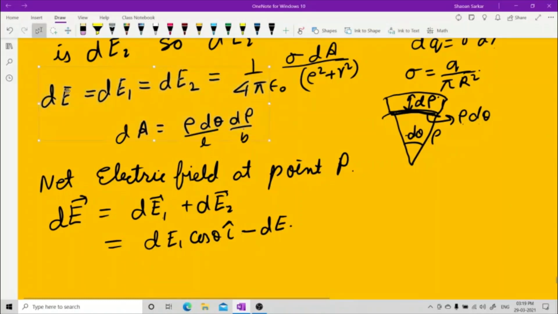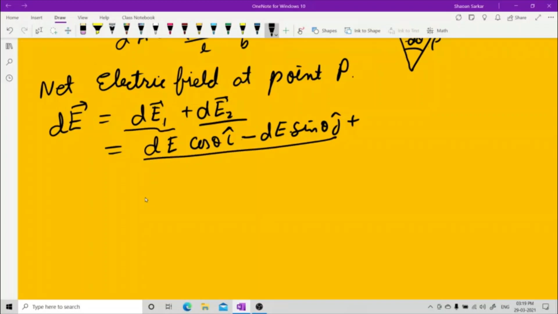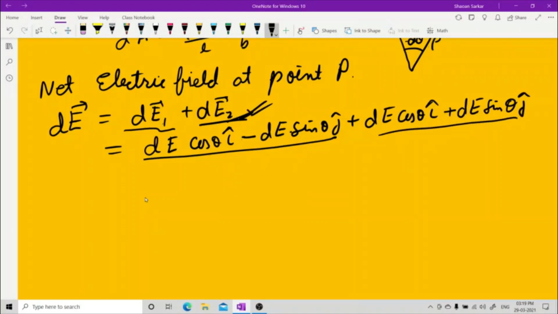So for the second component we have dE cos theta i plus dE sine theta j. Now they cancel out each other, so dE is now equal to 2 dE cos theta i component.